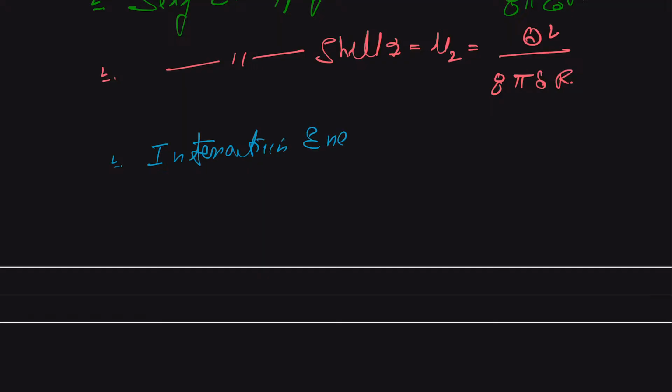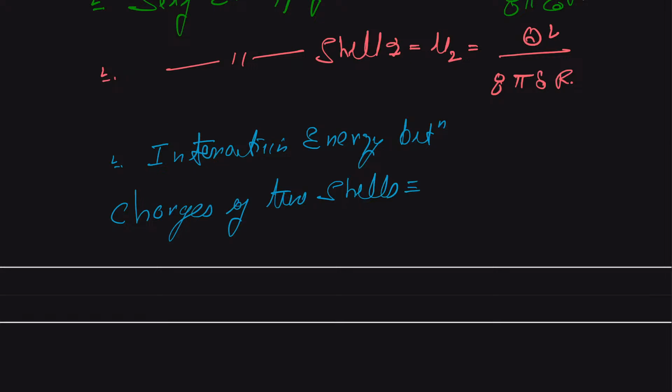We can call this U12 or U21, one and the same thing, and that will be equal to the product of two charges upon 4 pi epsilon naught times R.